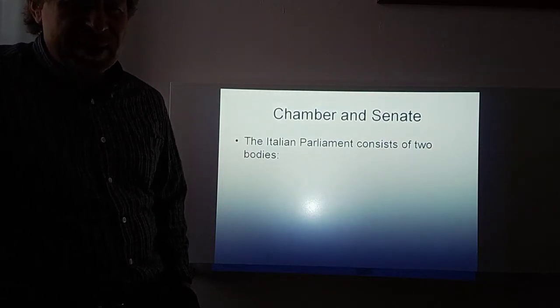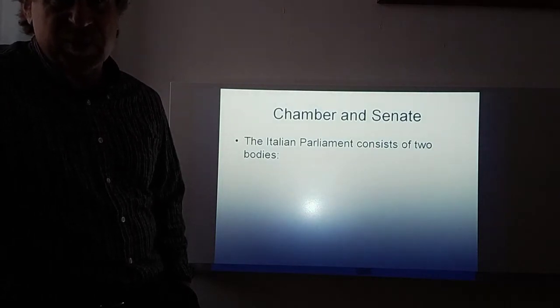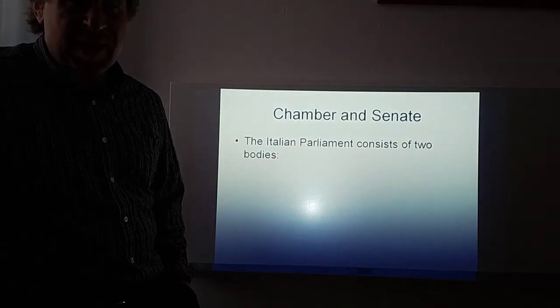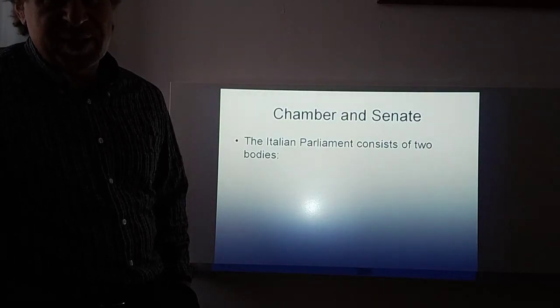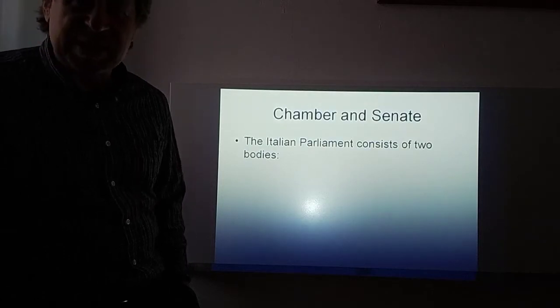Now, nowadays we keep these two houses because they do actually represent different characteristics that are very important.